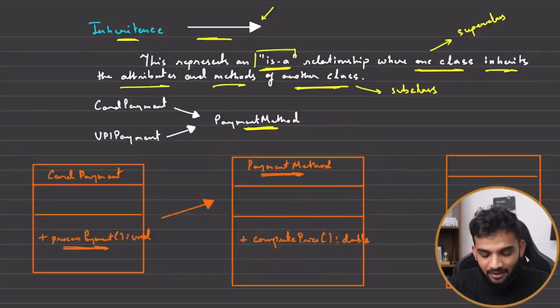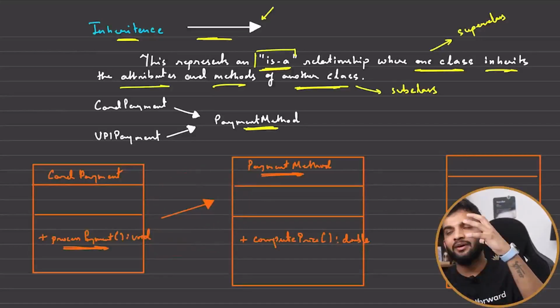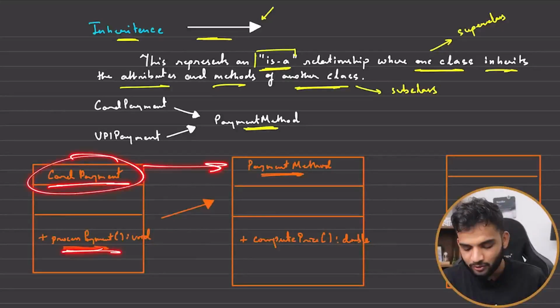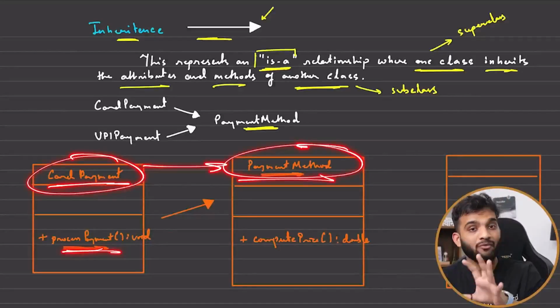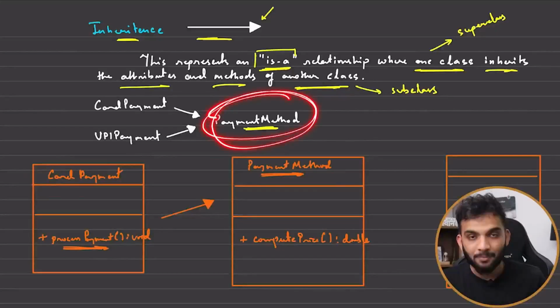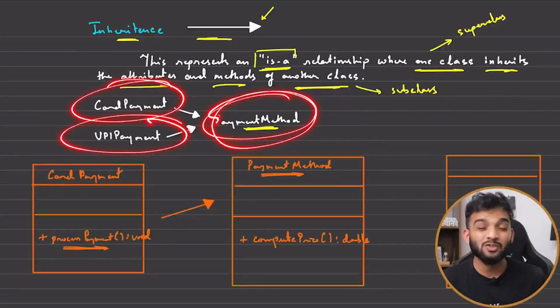That is why it's an inheritance relationship, and it's defined by this particular arrow. So whenever in the design you see this particular arrow, that means this particular class is going to use the methods and attributes of the superclass. Over here, this is my subclass and these are my superclasses.